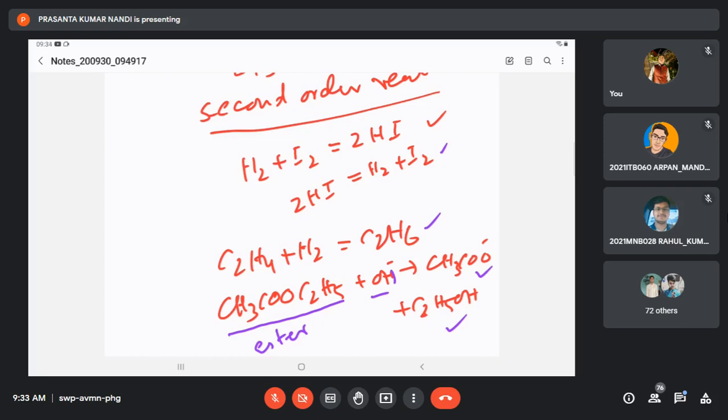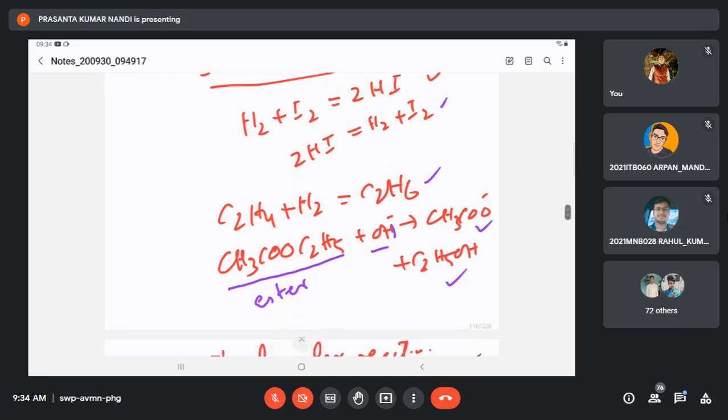Pseudo first order means basically this is a second order reaction. But if one component is taken in large excess, then that concentration will remain invariant and it will be first order with respect to the other component which is present in small extent in the reaction mixture. So those reactions are pseudo unimolecular. That is different.